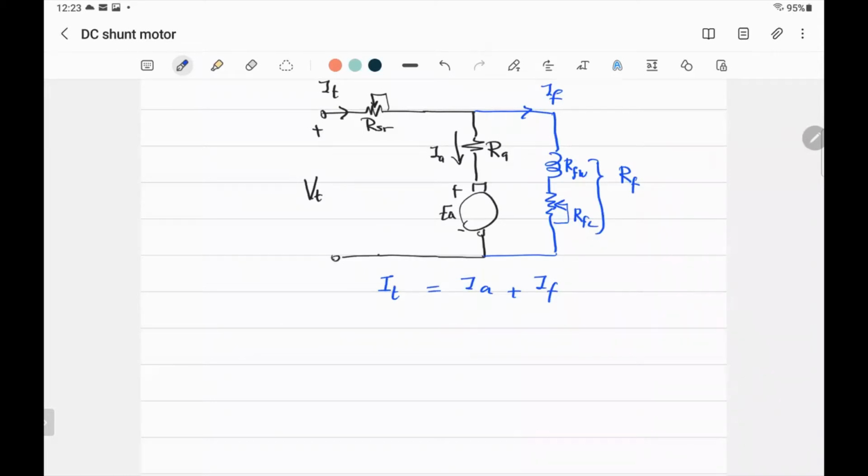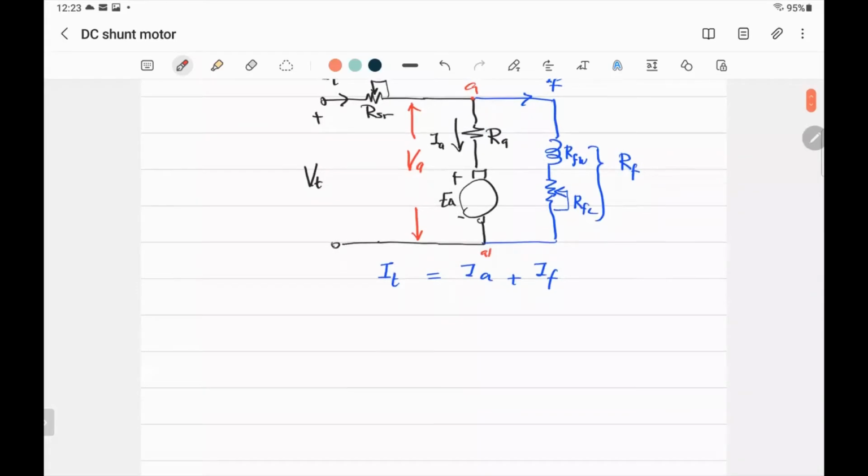But if we have starting, you can call these terminals A and A dash; between A and A dash is the armature. The voltage across A and A dash is called the armature voltage, VA. So if you don't have starting resistance, VT will be equal to VA, the same as VF, which is across the field. That's why we call it shunt, because they are connected in parallel.